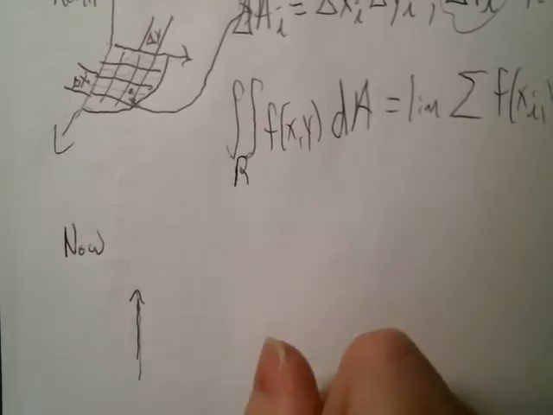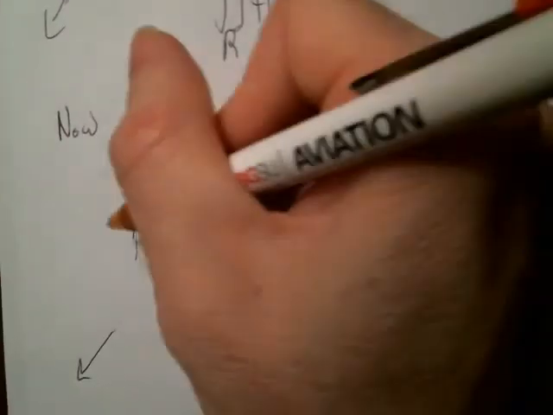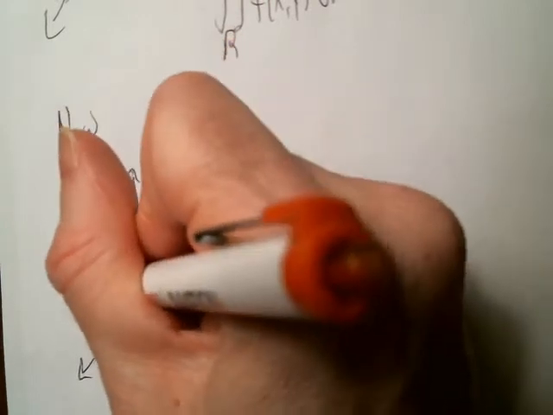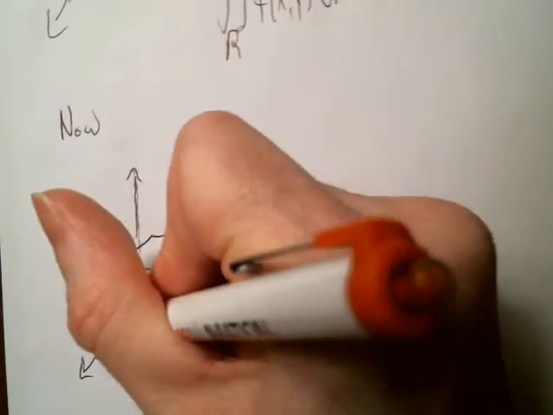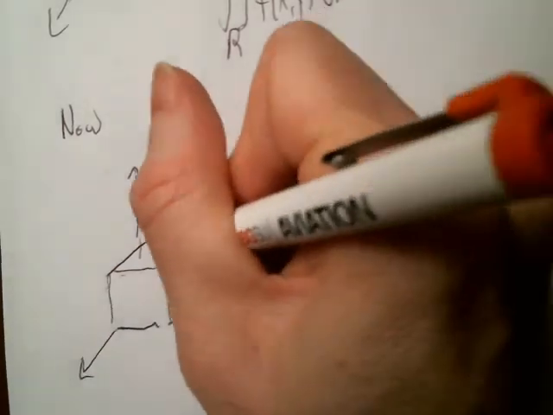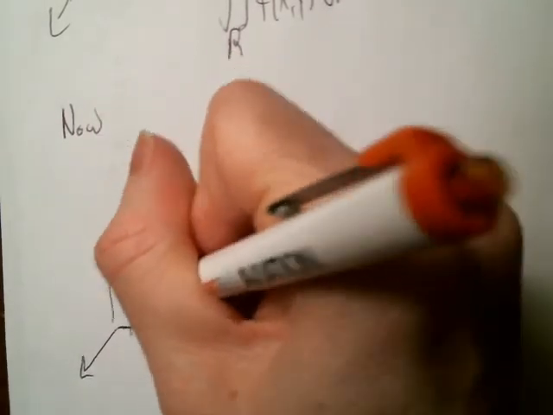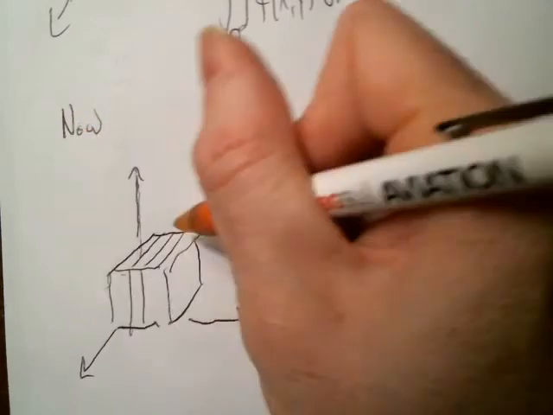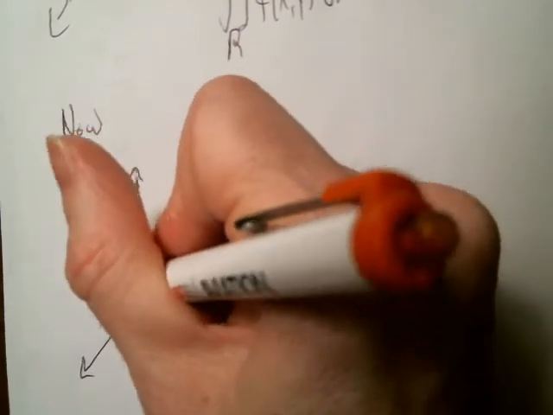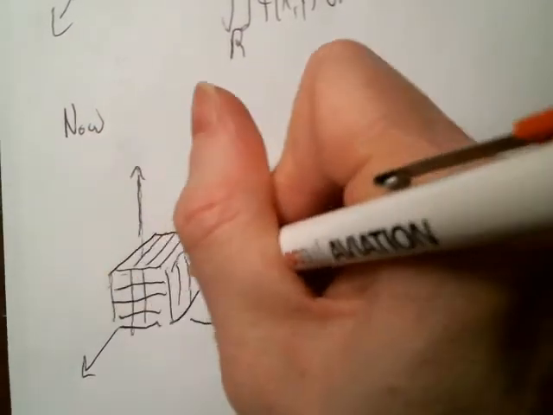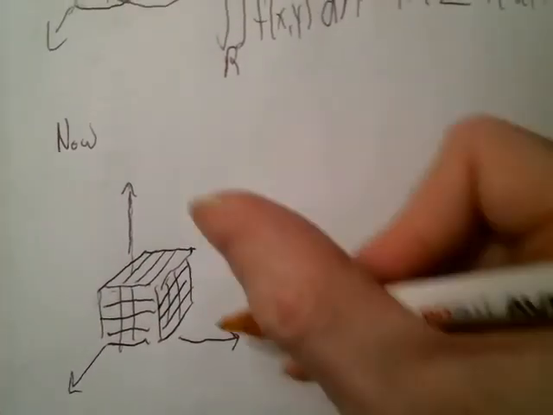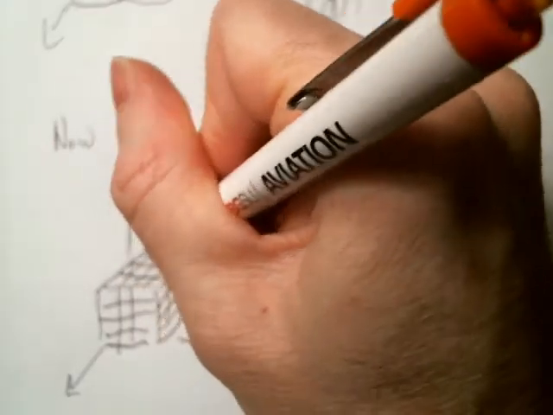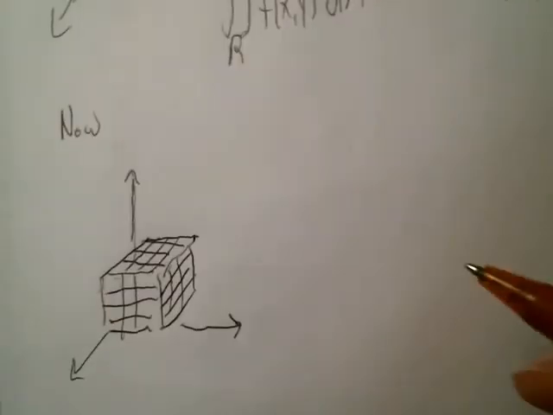Leave a little space so I can populate it. We'll have to go through and section this up into a bunch of cubes, and find the volume of all these little cubes inside some region.